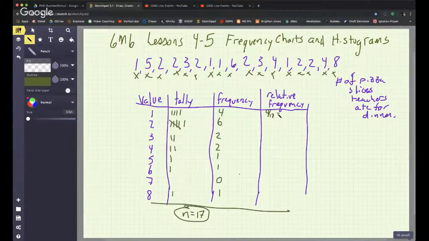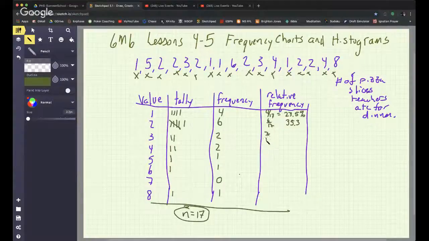I'm going to use a calculator because that's not a fun thing to divide. 4 divided by 17 is 23.5%. 6 divided by 17 is 35.3%, and that's 6 out of 17.